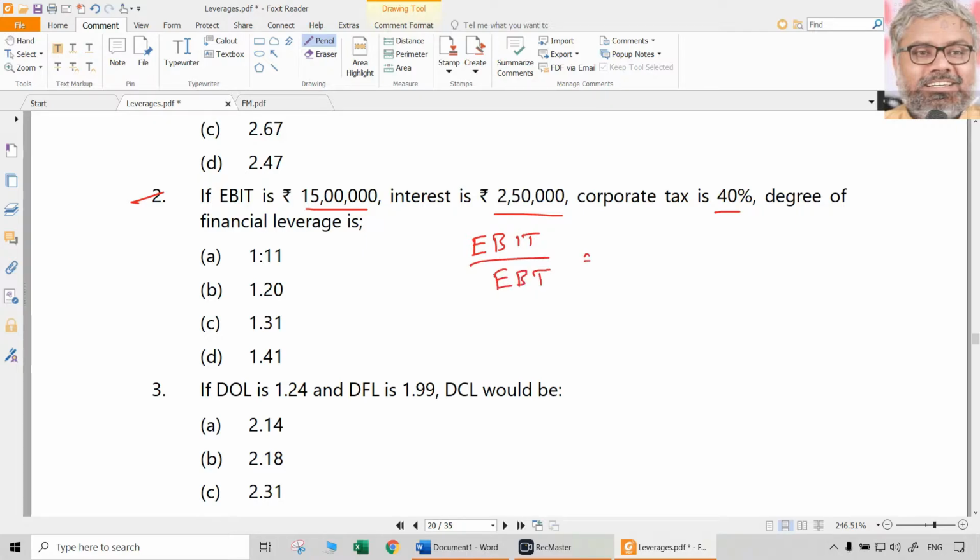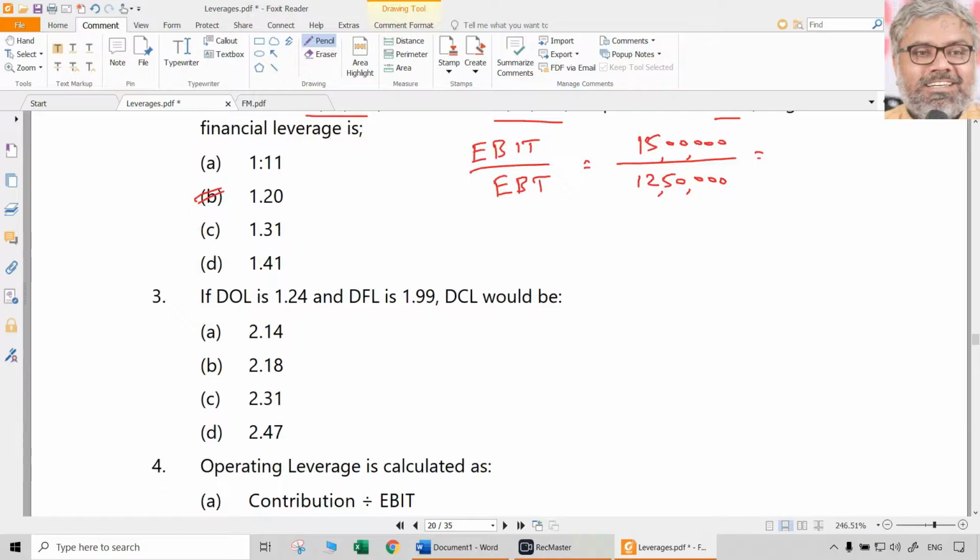So 15 lakhs divided by EBT will be 12 lakhs 50,000 because interest is 2 lakh 50,000. So 12 lakh 50,000 is EBT. Tax rate is irrelevant here. So 15 lakhs divided by 12 lakh 50,000 will give us 1.2 is the financial leverage.